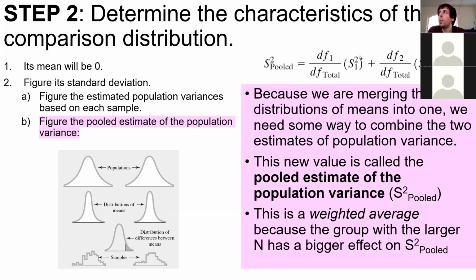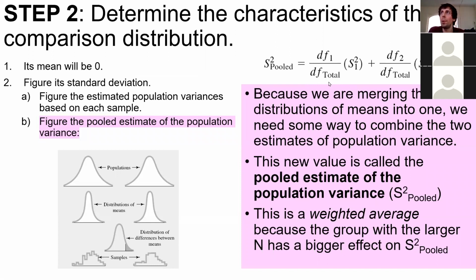You need to know this term, which is the estimated population variance for population 1. Remember, S squared is the estimated population variance, and S squared with a subscript 1 means that it is for population 1 specifically, and ditto for the estimated population variance of population 2. And this other term that you need to know to plug this all in is degrees of freedom total.